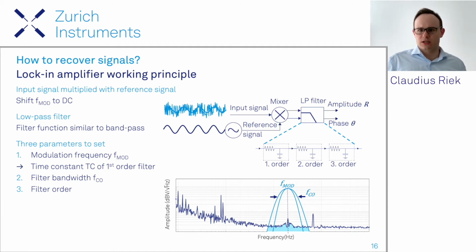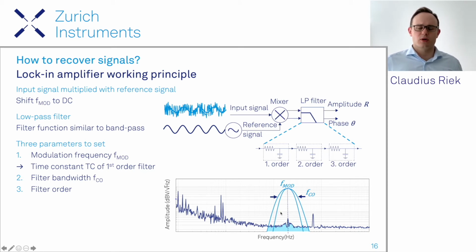After the mixing stage, the low-pass filter filters out all higher frequency components and gives out the amplitude around this reference frequency and the phase. And this filter order is a typical combination of multiple first-order filters, and therefore forms something like a band-pass filter around the modulation frequency.